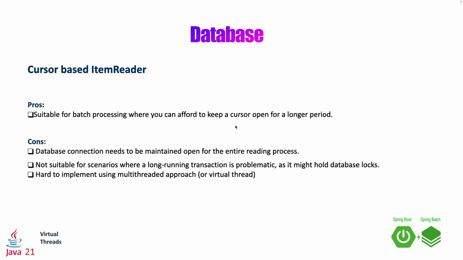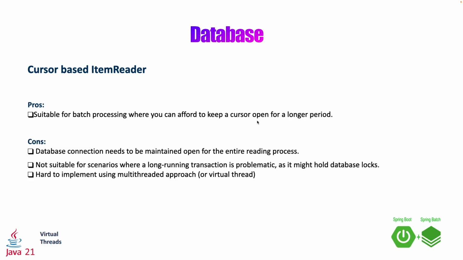This approach can be very useful, but don't forget that it can be a problem if the chunk size is very big. What I mean is the simple and crucial fact that the cursor will be open during the processing of the chunk. Let's suppose that the chunk size is 2000 and the object is very big. Then it can lock the rows that represent that chunk. The rows in the database will be locked. So other threads or users of this application will not be allowed to read that portion of data. So this is very bad, right?